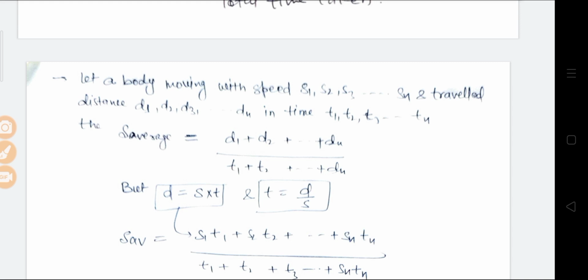Let's say a body is moving with speeds s1, s2, s3 up to sn and travels distances d1, d2, d3 up to dn in times t1, t2, t3 up to tn.